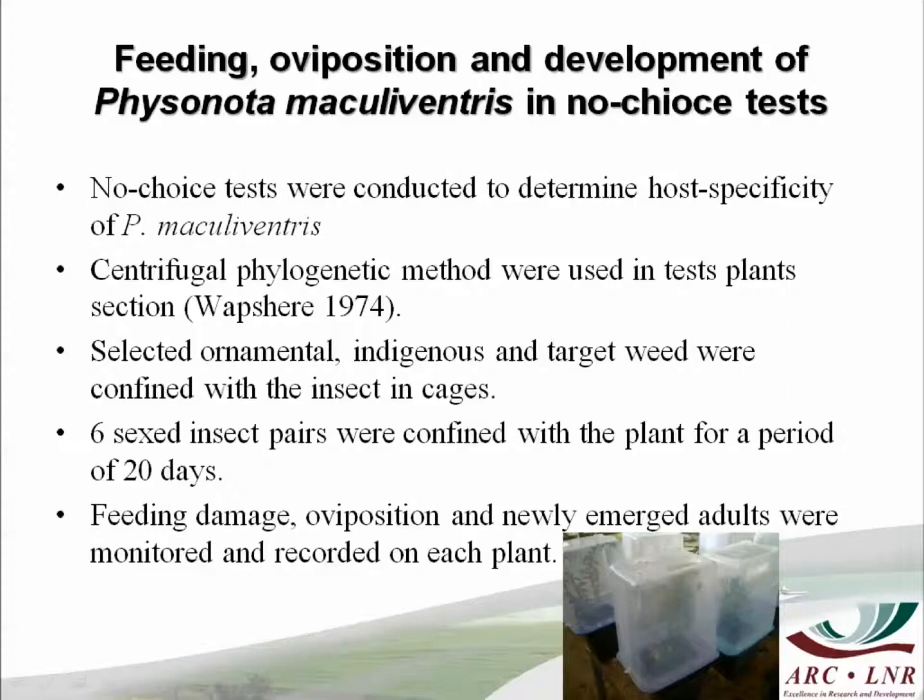Six male-female insect pairs were confined with the plant for a period of 20 days to determine the host specificity of the insect. 20 days were enough to screen the specificity, as most of the insects normally die after 10 days or 15 days. Feeding damage, oviposition, and newly emerged adults were monitored and recorded on each plant.